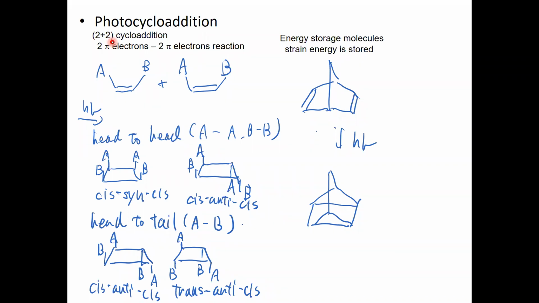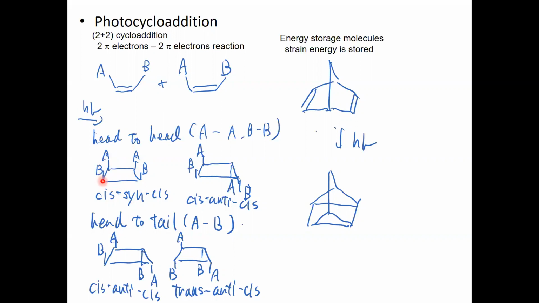For example, some of the examples here are the head-to-head reaction, meaning that the A side reacts with the A side, and the B side reacts with the B side. In this case, the original molecule is a cis isomer and a cis isomer, and this syn is a symmetrical cycloaddition.